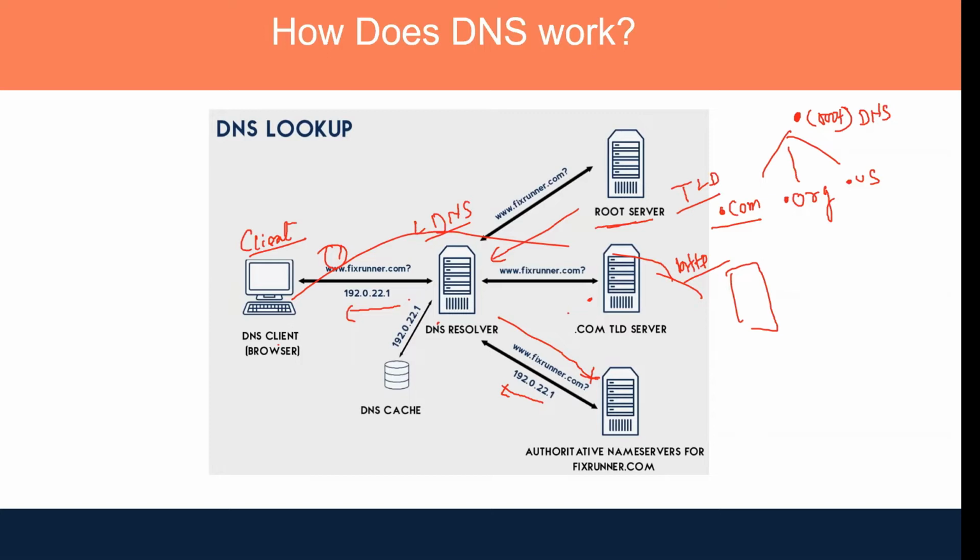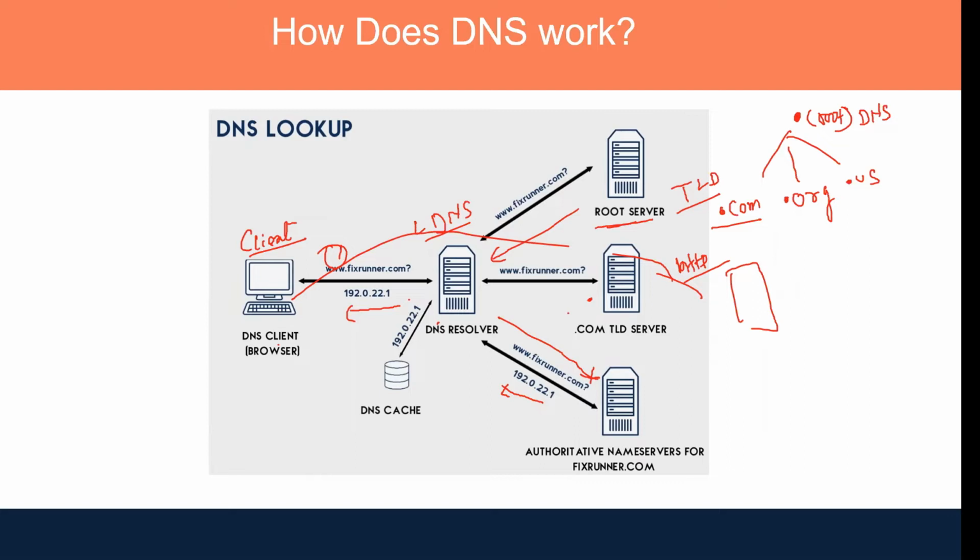And if anybody else already browsed fixrunner.com and that entry is already present in the ISP DNS cache, and the ISP replies, it is not coming from the actual system where that zone file exists, so that reply would be known as a non-authoritative resolving.